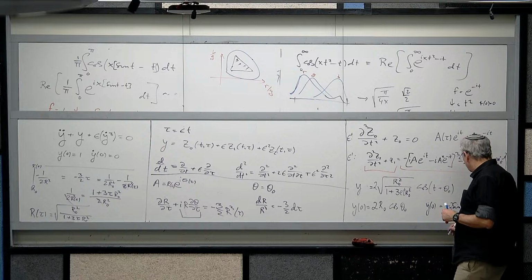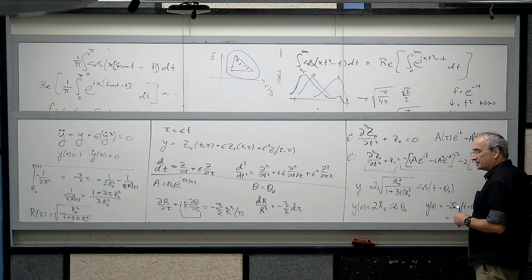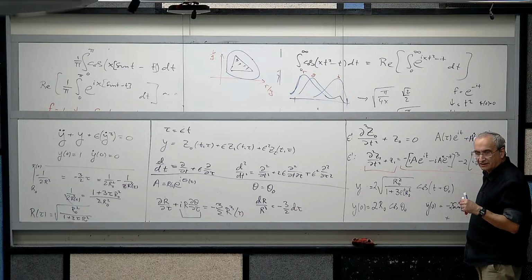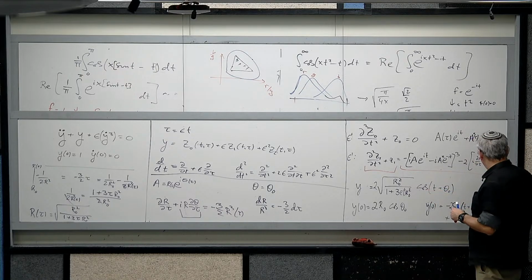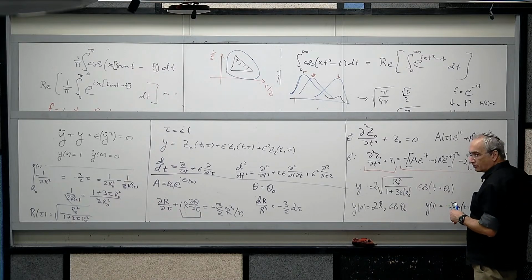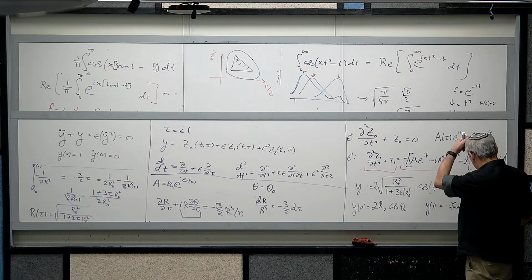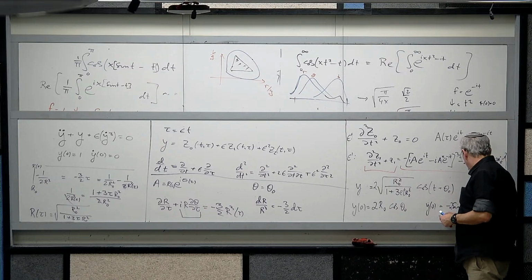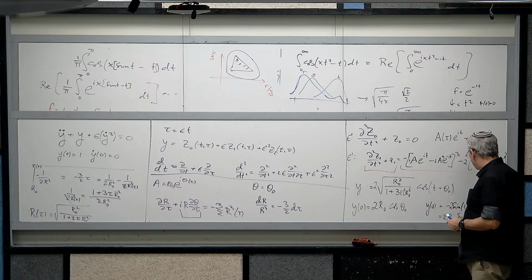And then I have another term, but the other term will come from the derivative of that, so it must have another epsilon. So it will be negligible in the limit we are taking, right? And therefore I can take only this term and plug t equals 0 to get minus 2r naught times sine of theta naught. This must be 0.